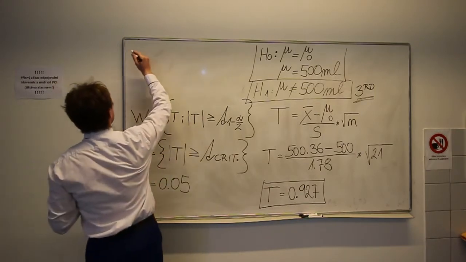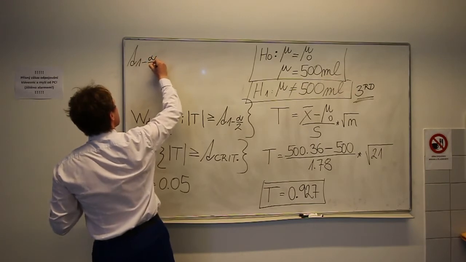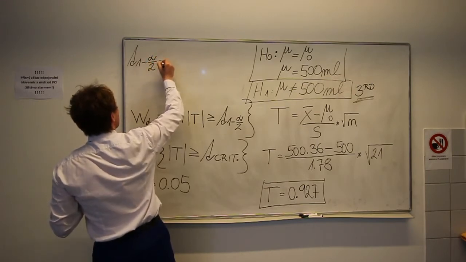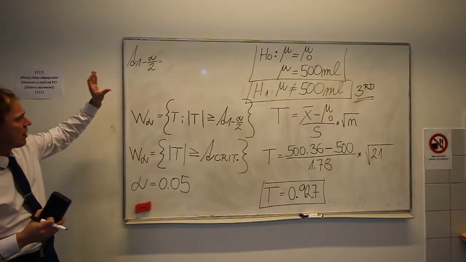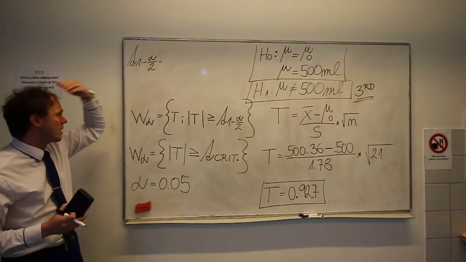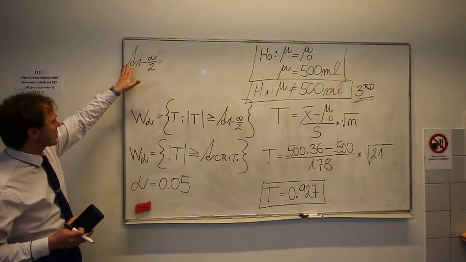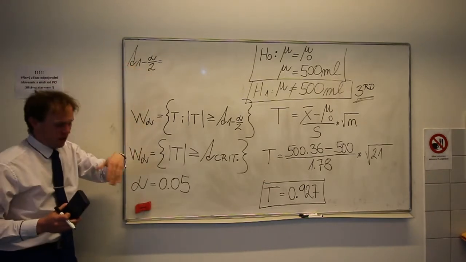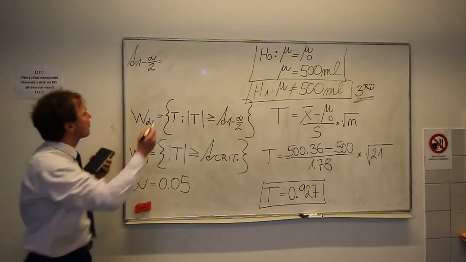So t 1 minus alpha divided by 2 will be t 0.975. Yes, 5% divided by 2 is 2.5%, 100% minus 2.5% is 0.975.